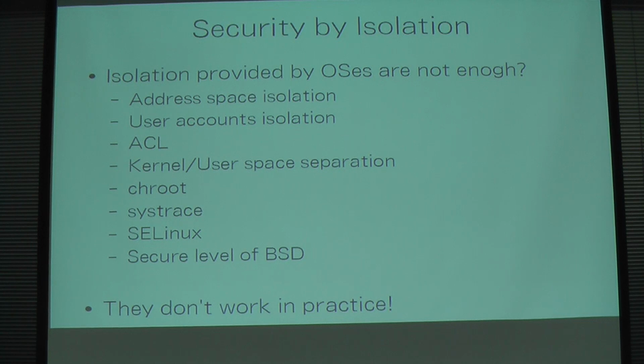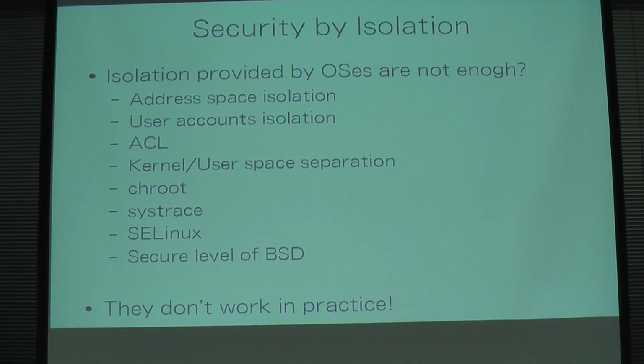Operating systems provide some isolation. The isolation provided by the OS is not enough, but there are some, such as address space isolation, user account isolation, access control lists, kernel and user space separation, chroot, systrace, and Linux Secure.